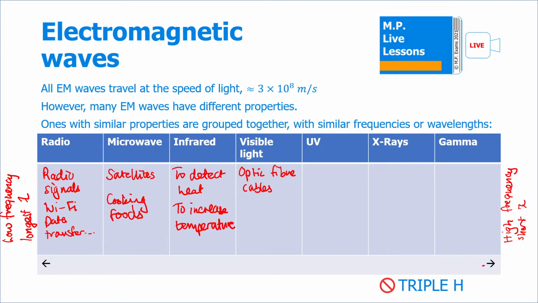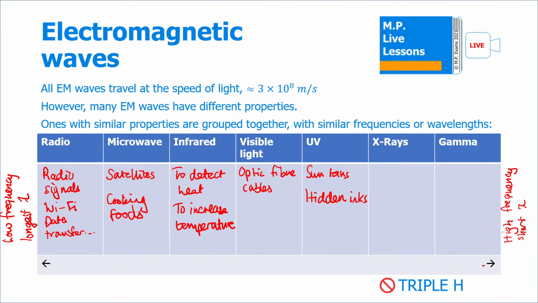Ultraviolet radiation could be used for, let's say, suntans, hidden inks, and so on. But they do have a risk of, let's say, developing skin cancer.